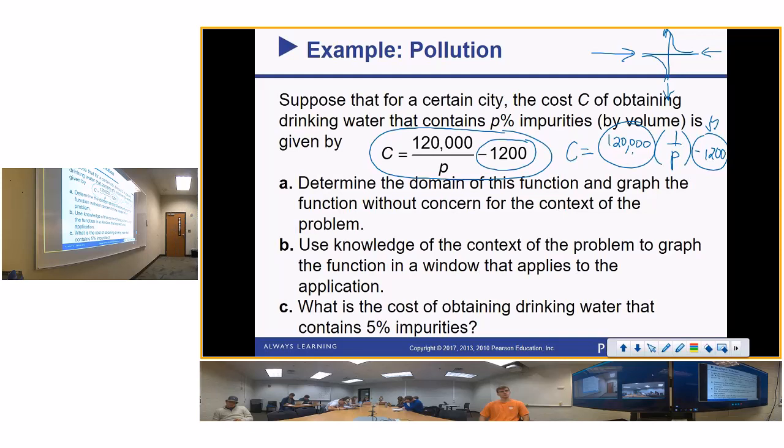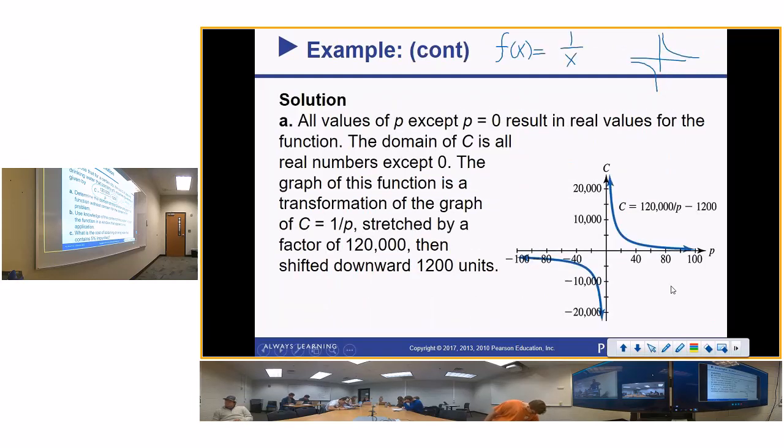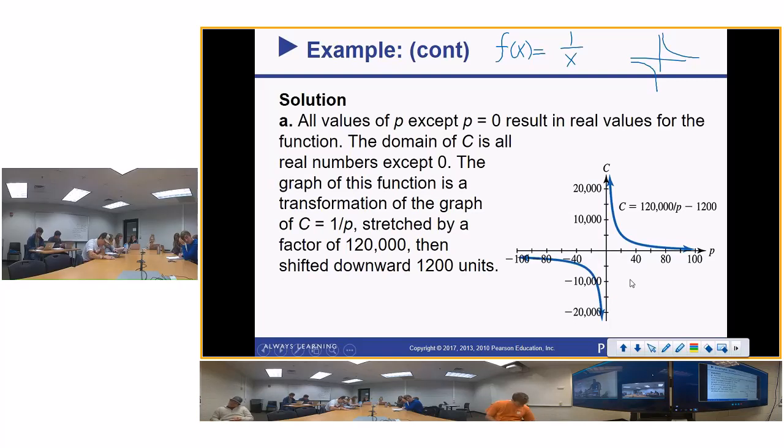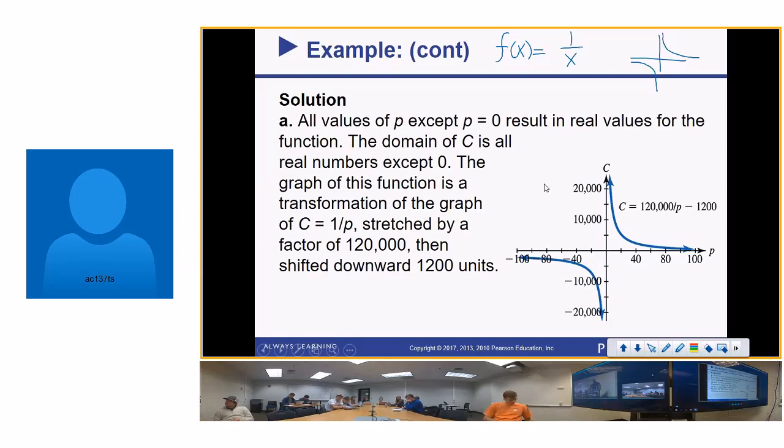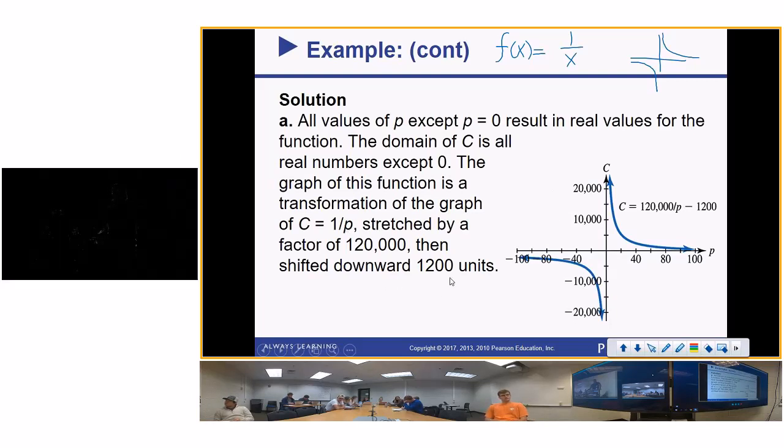So would that bring that top one down? It would bring it down, yeah. But it's basically going to change, hold on a second. Yeah, there it is right there. They don't show it because 120,000 is so big, they just left it 1 over P. So down what? 1,200 units.